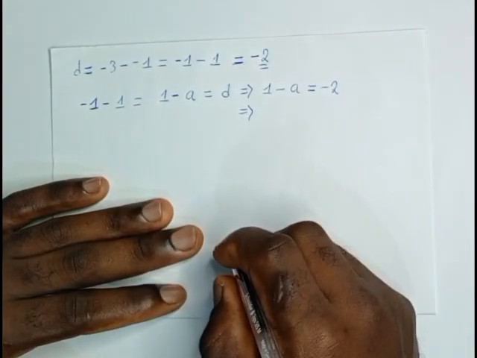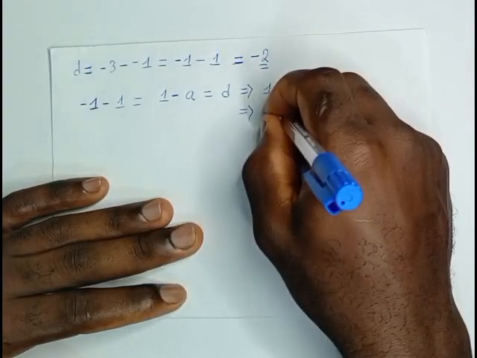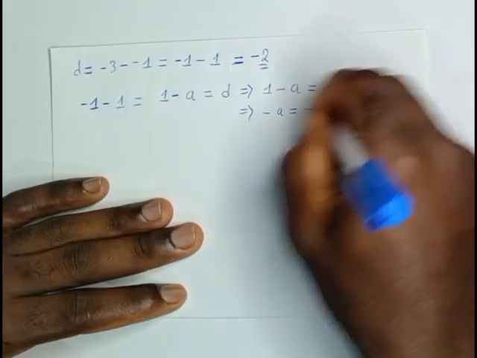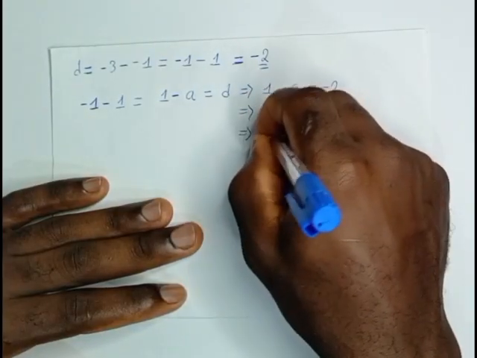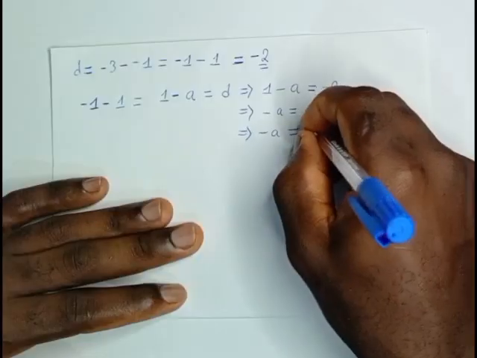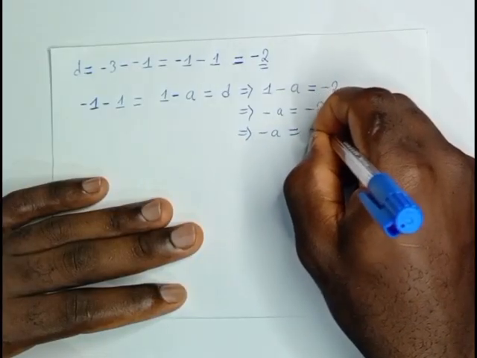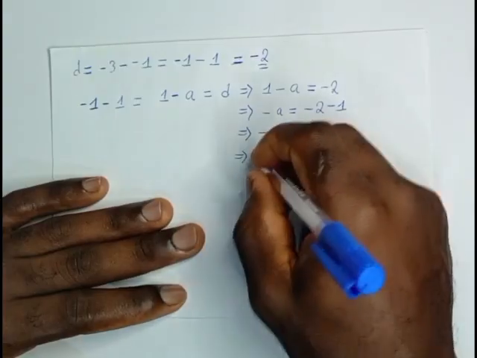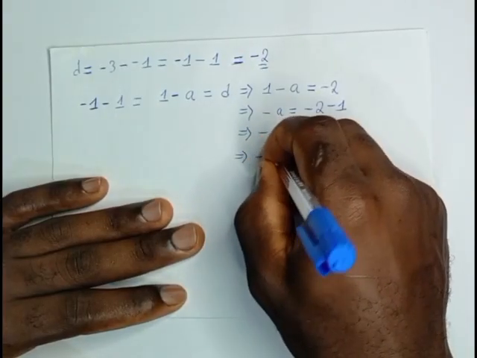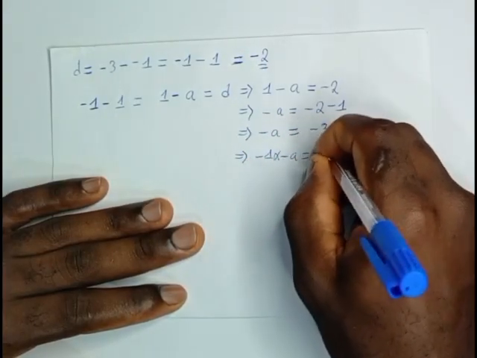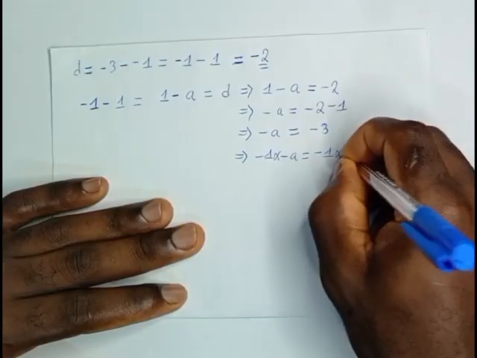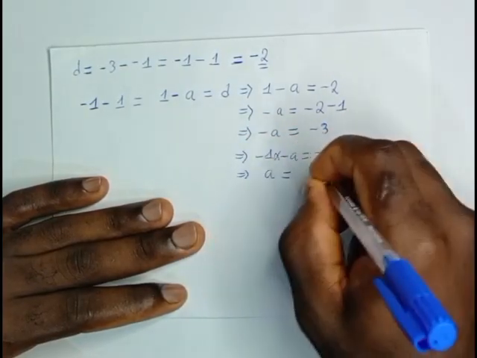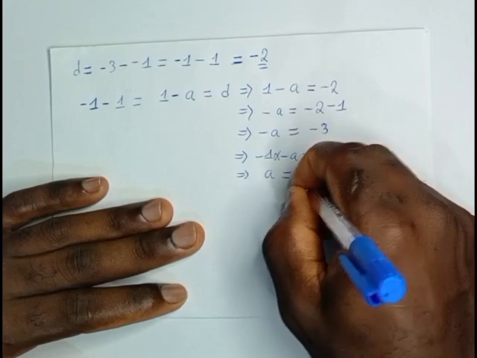Then we have to make a the subject of the formula. Negative a will be equal to negative 2 minus 1. Then negative a will be equal to negative 3. For us to get a, we are going to multiply out through by negative 1. Negative 1 times negative a will be equal to negative 1 times negative 3. This will imply that a will be equal to positive 3.